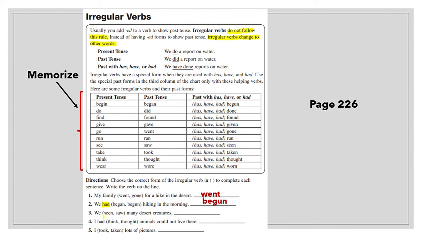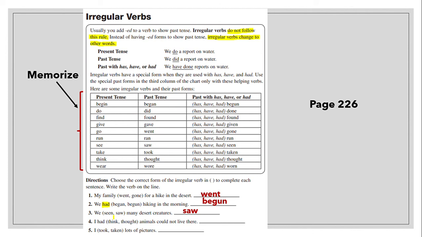Is it seen or saw? If you look here in the table, see, saw, seen. Seen comes with has, have, and had. Since we do not have has, have, or had, we choose saw, not seen. Seen comes with the helping verbs has, have, or had.